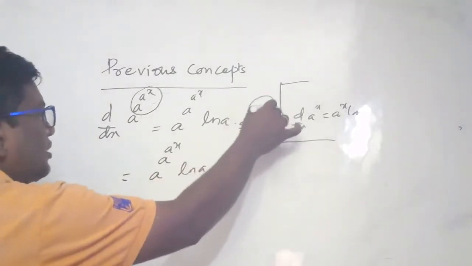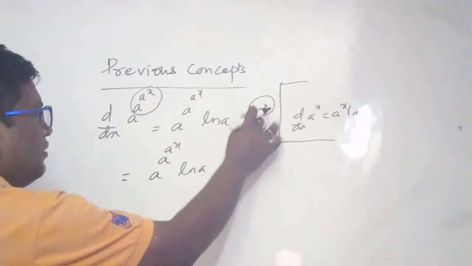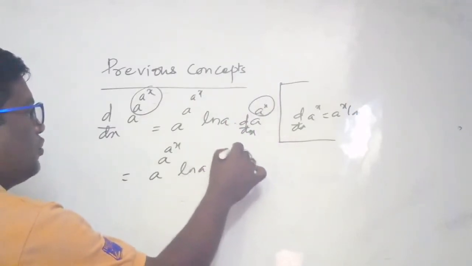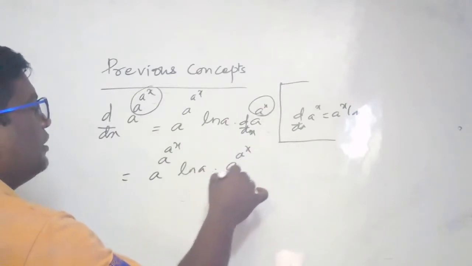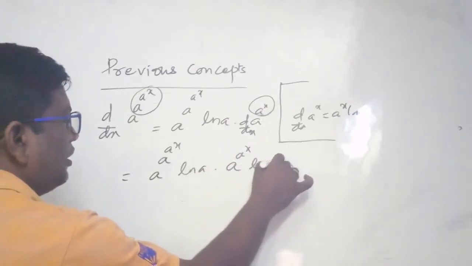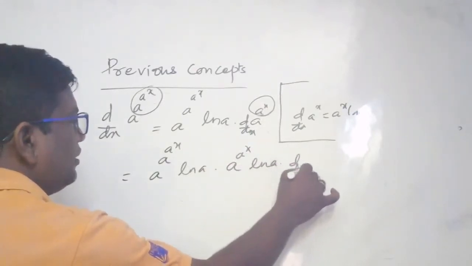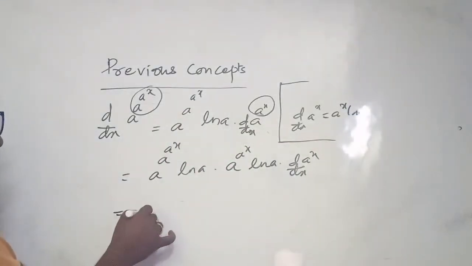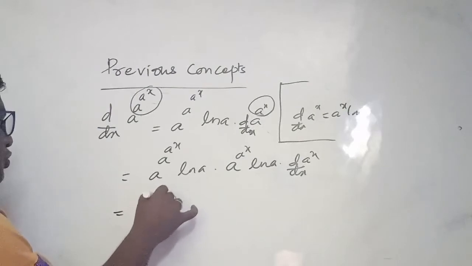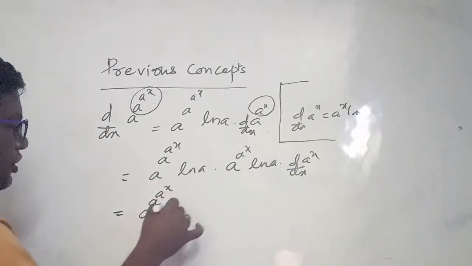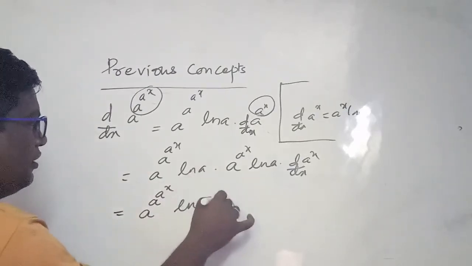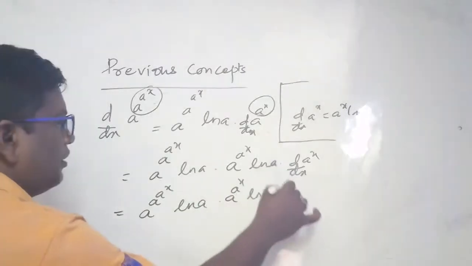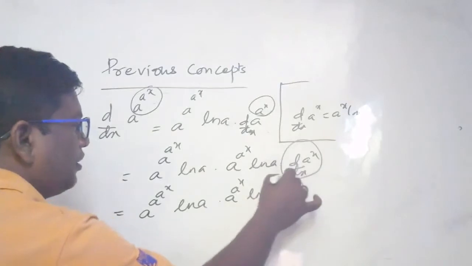Now consider this as x, this is a and a to the x. This is equal to what? A to the power a to the x into log a into d by dx of a to the x. This is equal to what? A to the power a to the power a to the x into log a to the power a to the x into log a. This is the formula for a to the x.